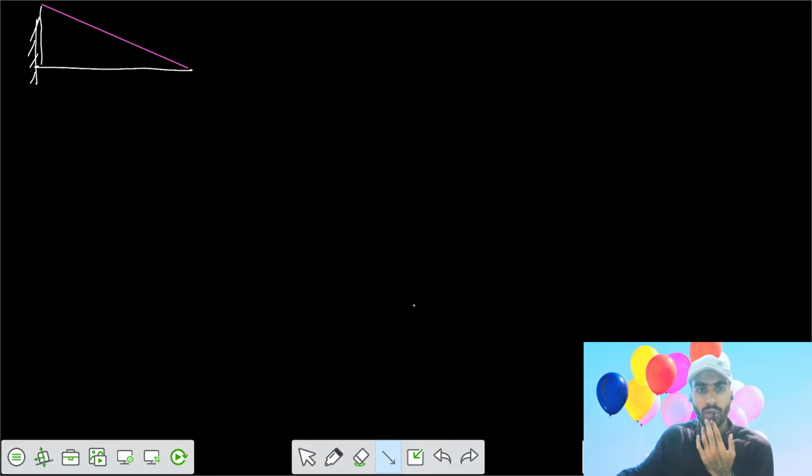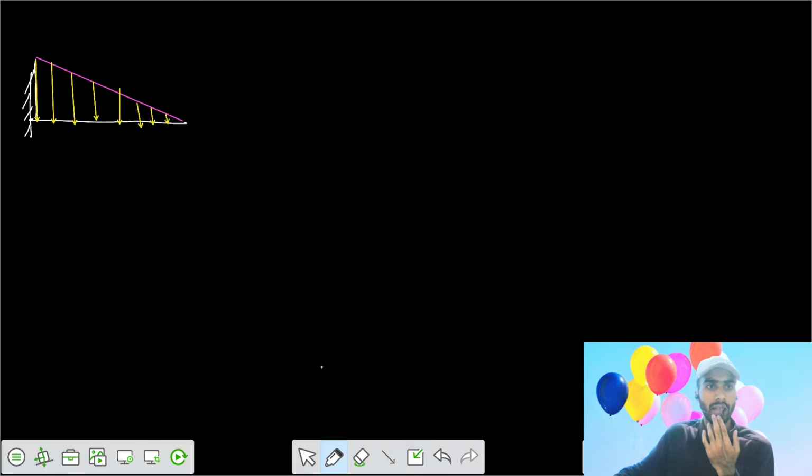Next one is a cantilever beam with a uniformly varying load, with a peak of W at the cantilever end and 0 at the free end.